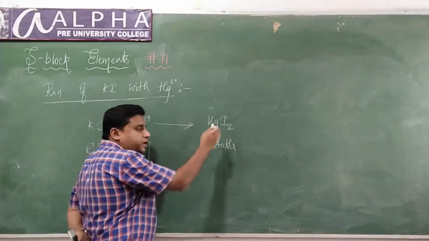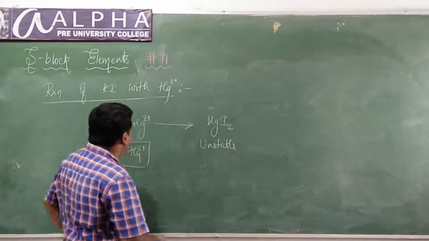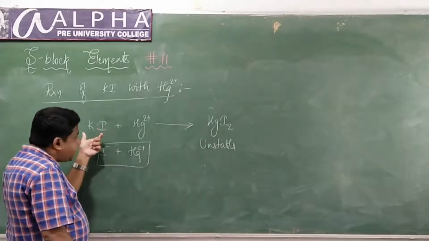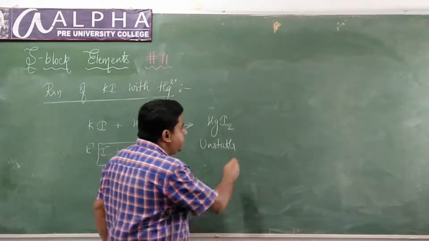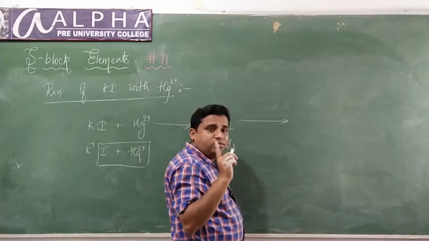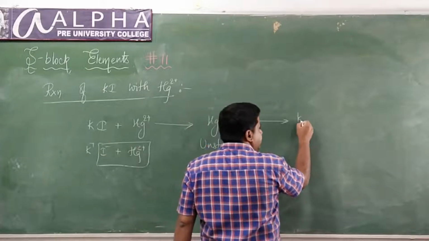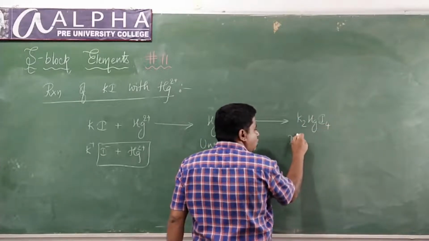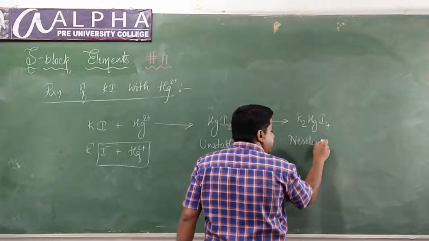Now this mercuric iodide further reacts with potassium iodide. When it is further treated with potassium iodide, it forms a very important compound, K2HgI4. This compound is called Nessler's reagent.